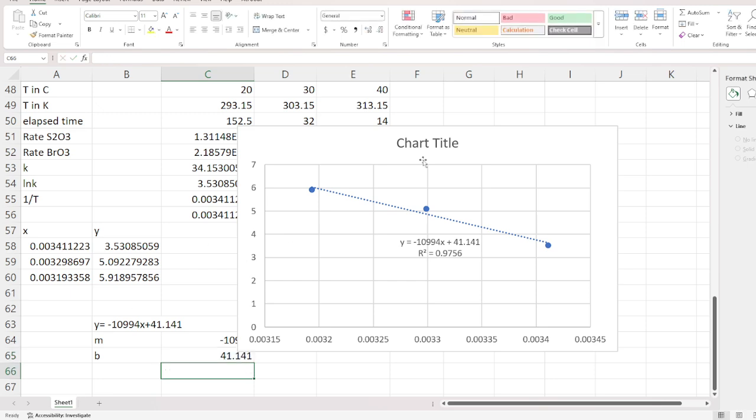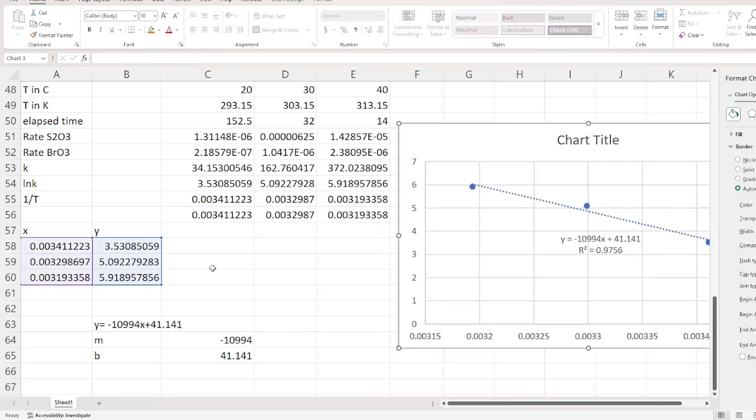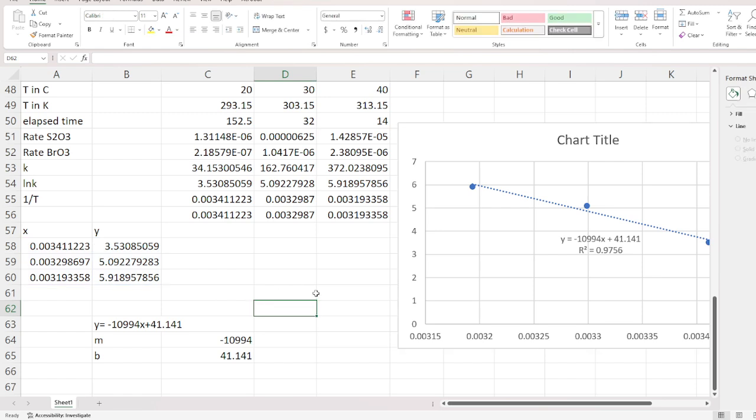With that in mind, the equation reads the slope is negative EA over R, with R being 8.314.